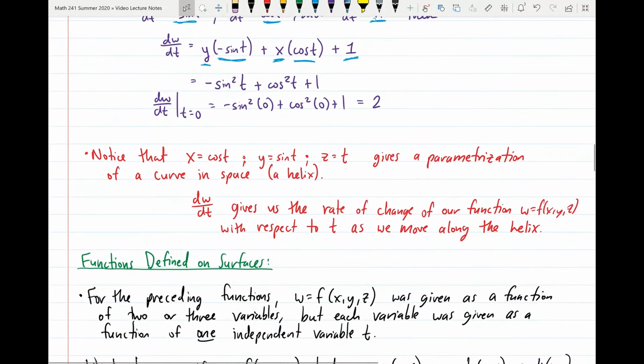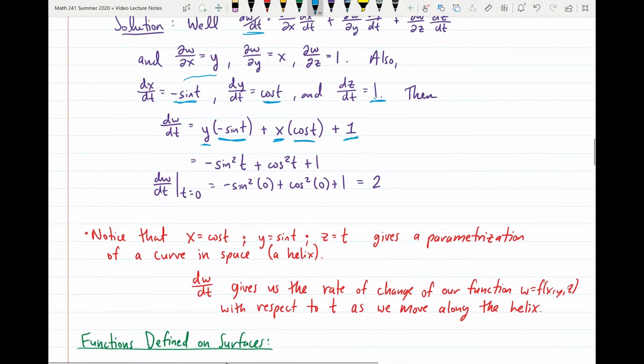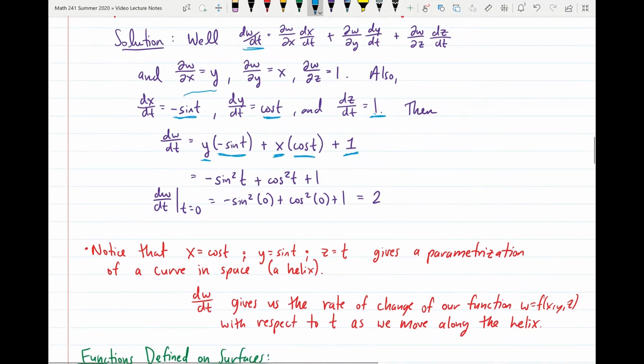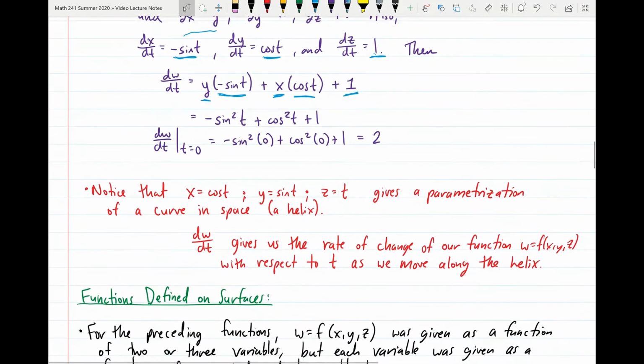And now notice that x equals cosine of t, y equals sine of t, z equals t gives us a parametrization of a curve in space. So this is how we define the variables x, y, and z in terms of the variable t from the example before. And remember from previous chapters that this was the parameterization of what's called a helix in space.